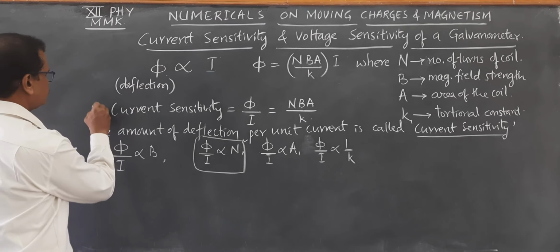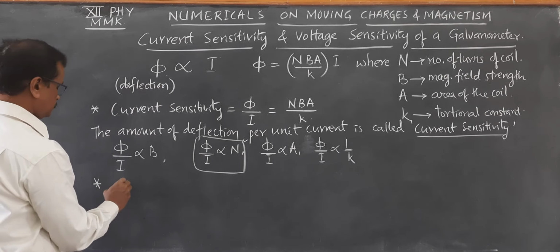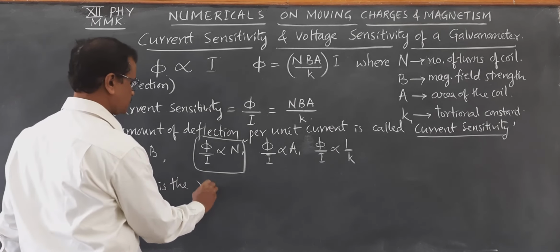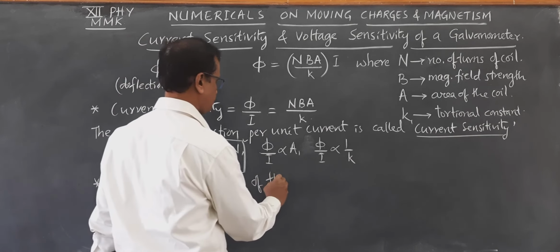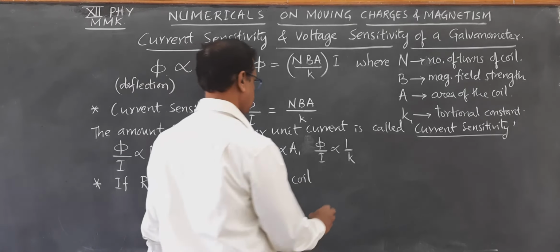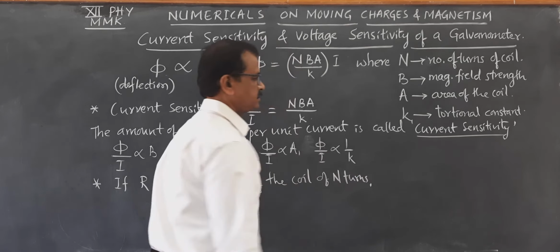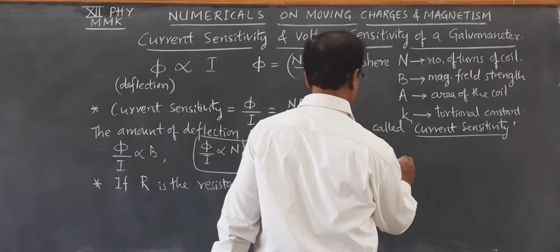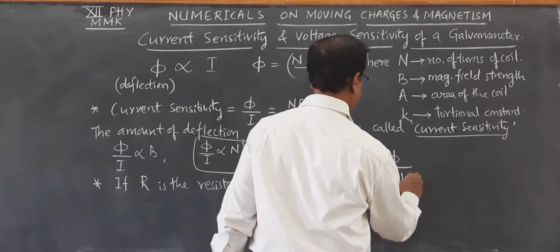So I am writing here, if R is the resistance of the coil having N turns, then dividing both sides by R, we get phi by Ri.